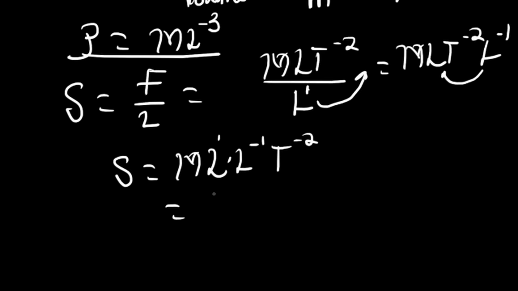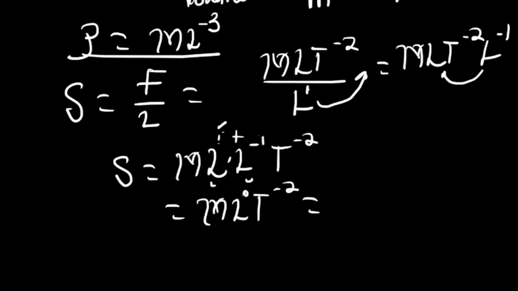So this is equal to, remember the law says if the bases are the same, this is an L, this is another L, they are the same. So what do you do? You simply add their powers. So this now becomes 1 plus minus 1, which gives you 0. Or you can say 1 minus 1, it is still correct. So 1 minus 1 gives 0, and you now have M L to the power of 0, and then T^-2.